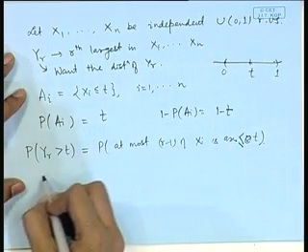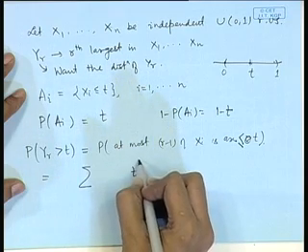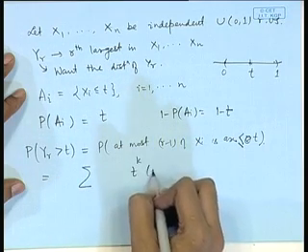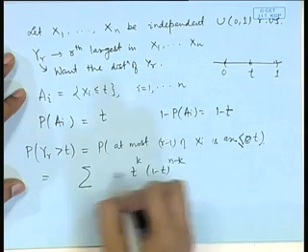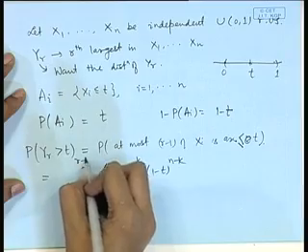So this event is equivalent to the sum over k from 0 to r minus 1 of n C k, t to the power k, (1 minus t) to the power n minus k.